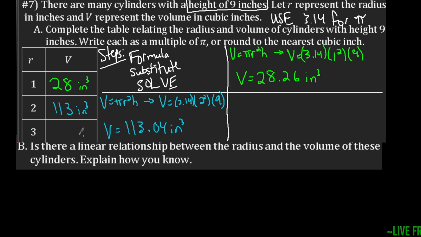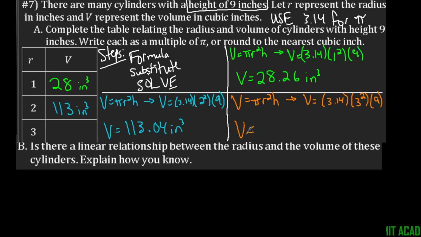Then lastly, we're going to say our radius for this one is going to be 3. So we're going to say we have volume equals pi times the radius squared times h, which gives us still the same value. So we're going to say we have 3.14 times our radius, which is 3. So we have radius squared, so 3 to the second power times 9.